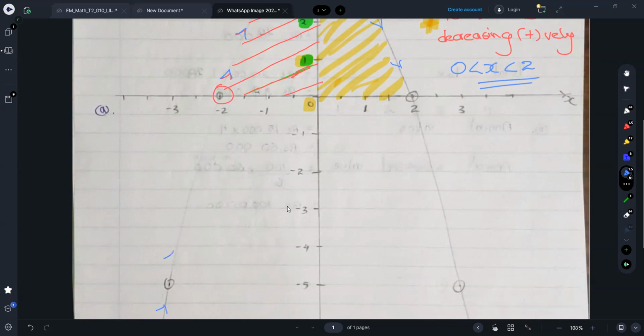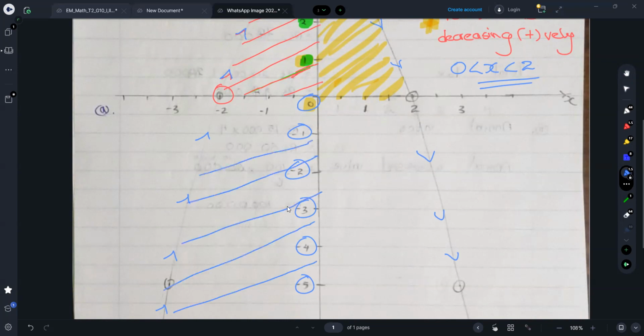Starting from here. Now the graph starts here and goes in this direction. Then -5, -4, -3, -2, -1, 0. What happens here? Increasing negatively. In this range, we can say the function is increasing negatively.